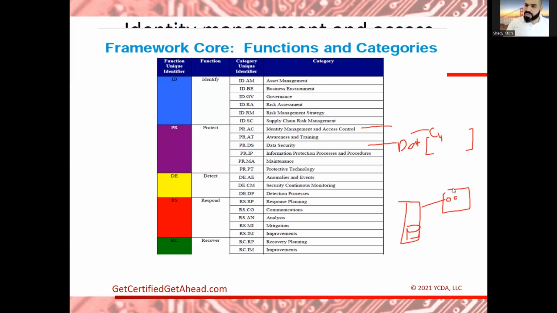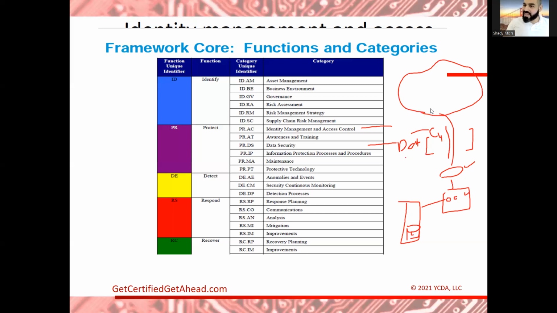Maybe this switch is later connected to a router, and then this router is connected to the internet. So in order to secure the data here, or to achieve cybersecurity, or to protect against cyber attacks, I also need to protect my routers, I need to protect my switches, and I need to protect these cables, which are the physical layer, from attacks.